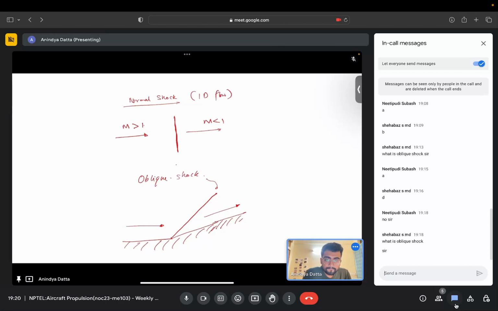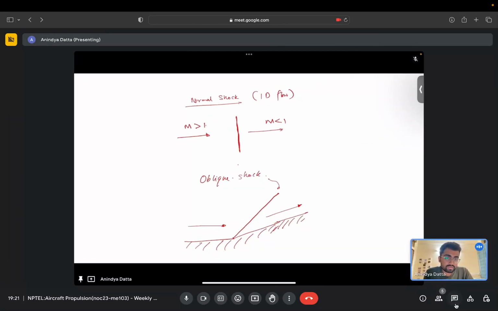So when the shock wave is not normal to the flow direction, that is what we can call oblique shock in layman's terms. If you want to go into more detail, you have to take a gas dynamics course. This is how an oblique shock looks. Essentially this is a two-dimensional flow, with both an x component and a y component of velocity. It is in the x direction, and then when the flow turns there is also a y component of velocity, and the shock sits somewhere in between.